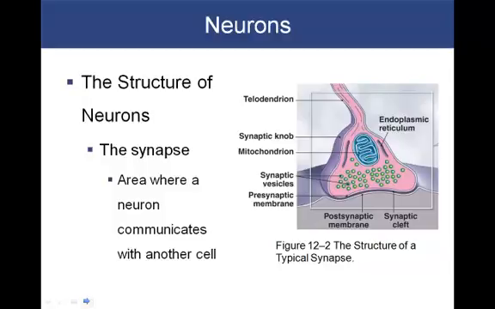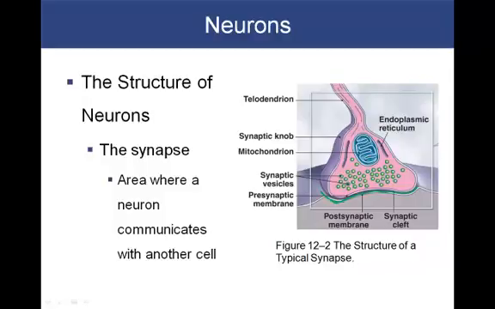Between the synaptic knob, or the terminal region of the axon, and the next cell, we find a synaptic cleft. And this is an area where one neuron communicates with another cell.